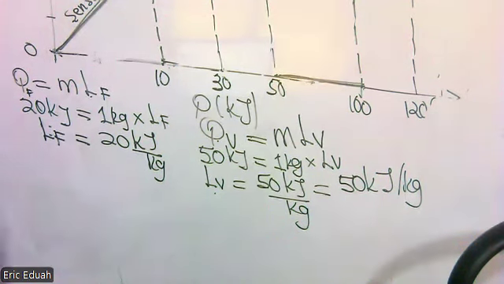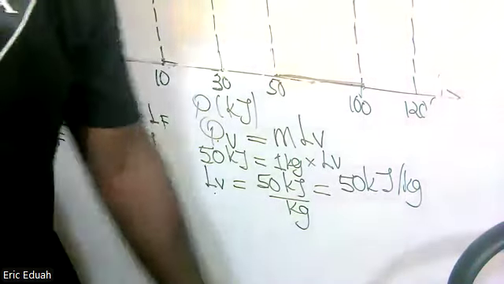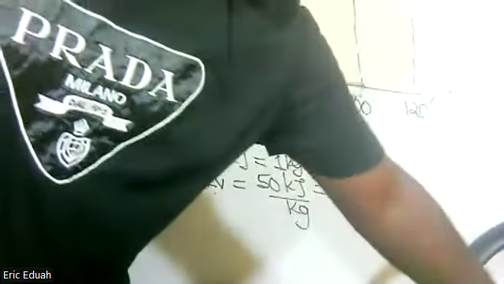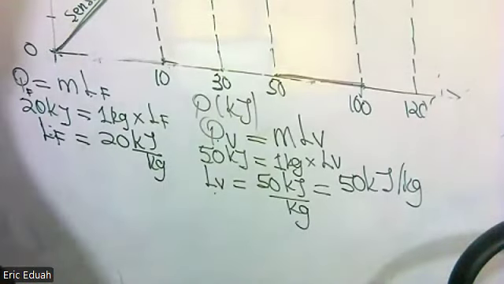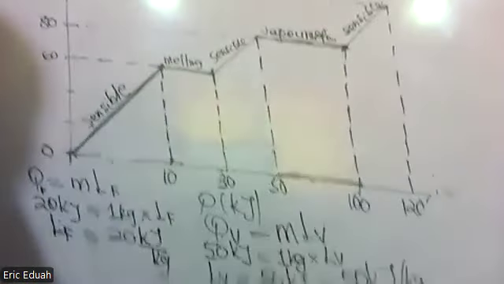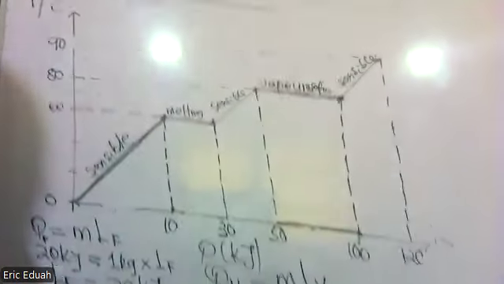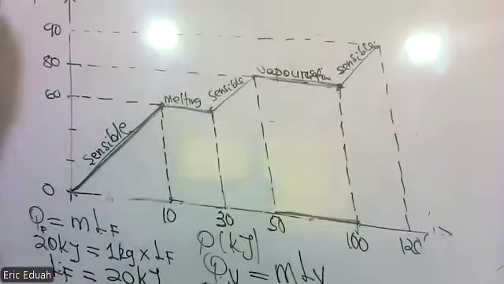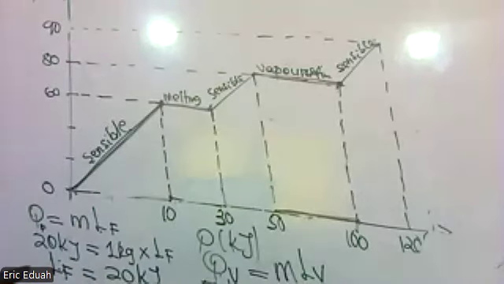Then the last question. What is the specific heat capacity of the material in the liquid phase? Specific heat capacity is talked about when the temperature of the material is being changed.